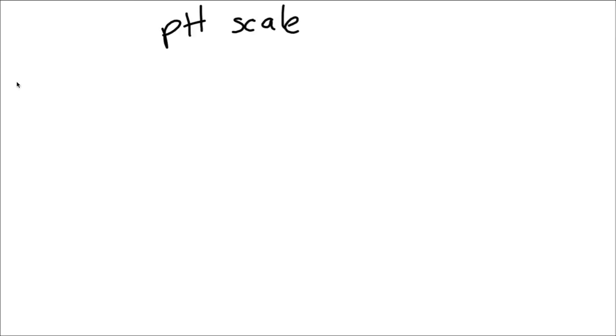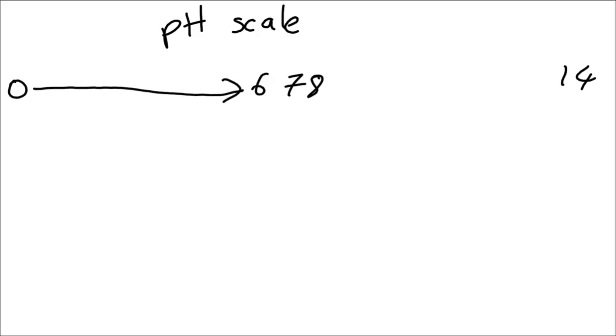The pH scale is on a scale from 0 to 14, and in the middle we have our 7. If I just put our 6 and our 8 there is a reason for this. Now these are going to be our acids. These ones are our alkalis.